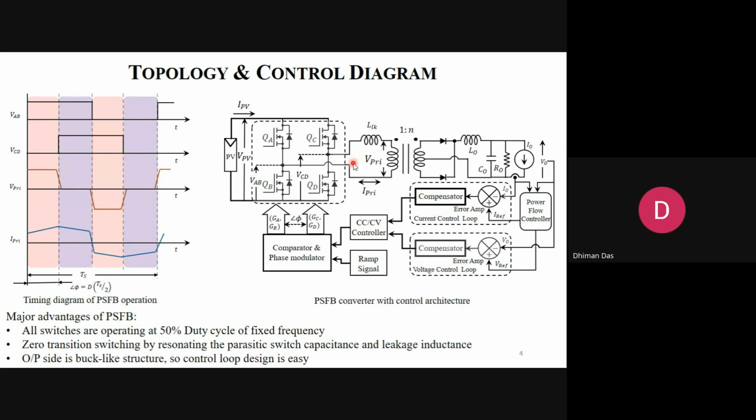So to control the current, we need the leakage inductance, or an external inductance, which limits the rise of current, or you can say the slope of the current.